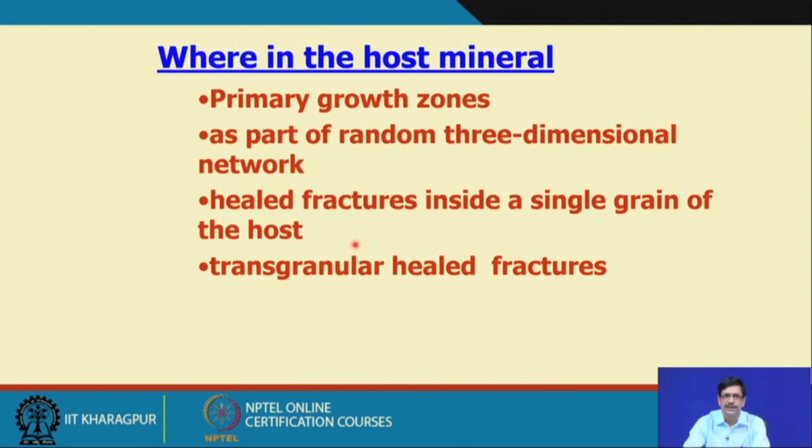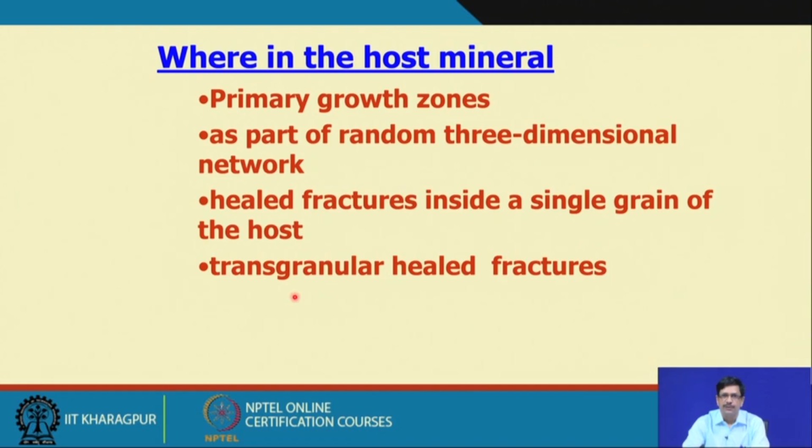So as I pointed out, these fluid inclusions could be in primary growth zones, could be as part of the random 3-dimensional network as I showed in the diagram. They could be on the healed fractures inside a single grain of the host, or these kind of fractures could be transgressing through many grains when the fracturing has taken place after the formation of the hydrothermal vein or the ore body.